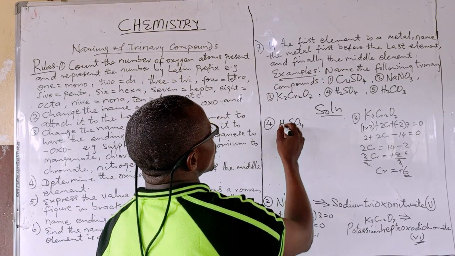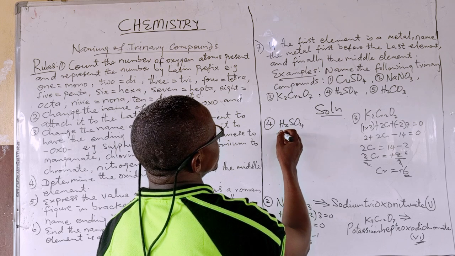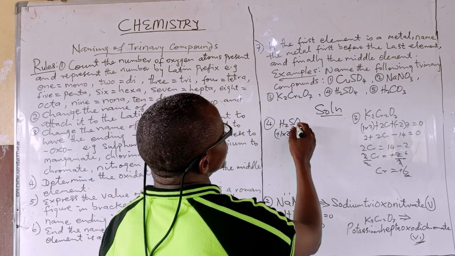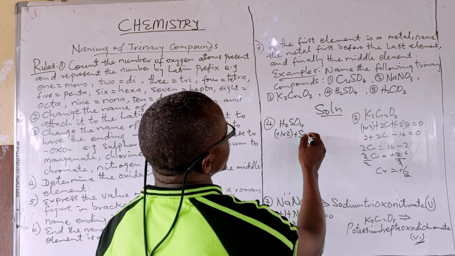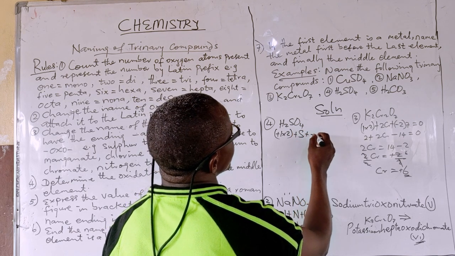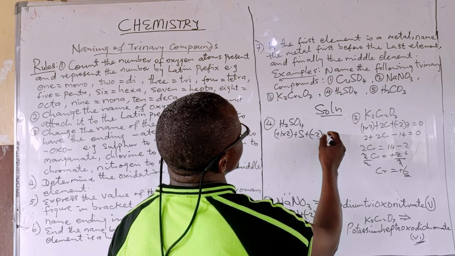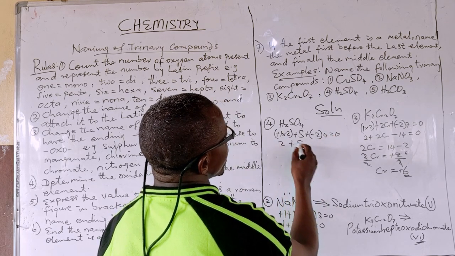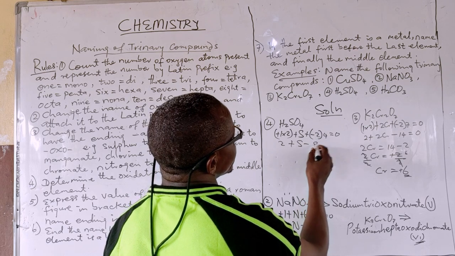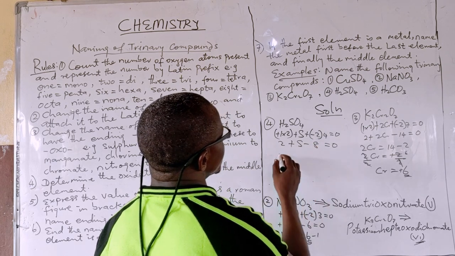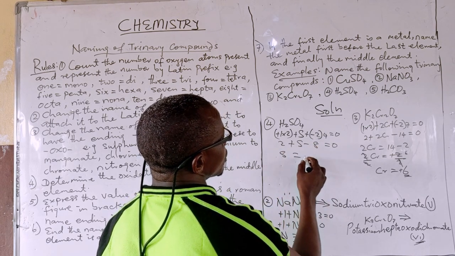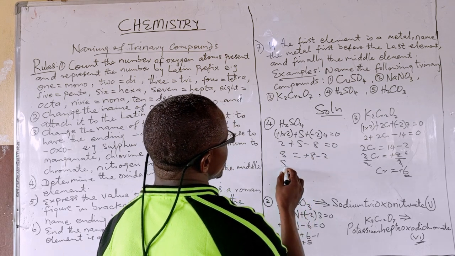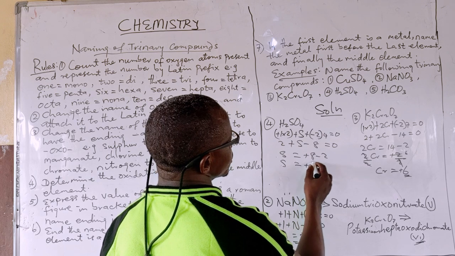Hydrogen is 1, plus 1 times how many? 2, plus sulfur that I don't know, plus minus 2 times 4, equate to 0. 2 plus S minus 8 to give you 0. S equal to plus 8 minus 2. S equal to plus 6.